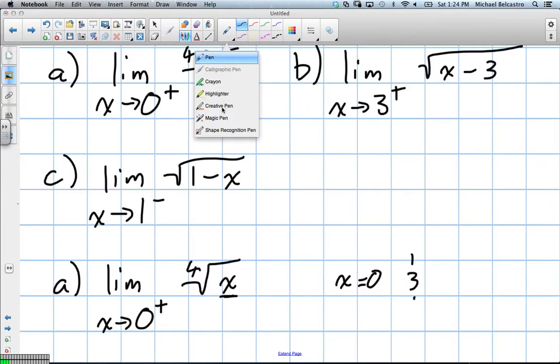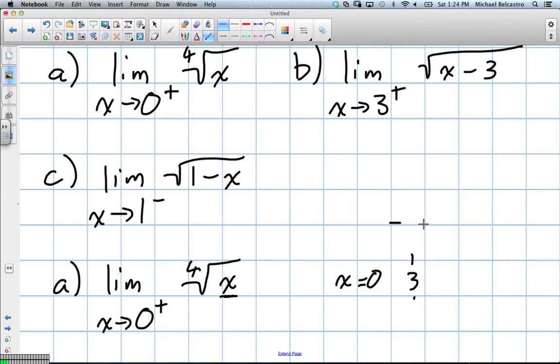So think of it like on a number line. If this represents 0, maybe this represents 0.1, this represents 0.2. Well, we want a number that is extremely close to it, almost at 0. So we're coming at it from the right, but we're not quite at 0.